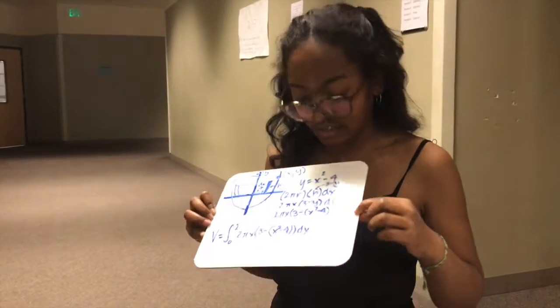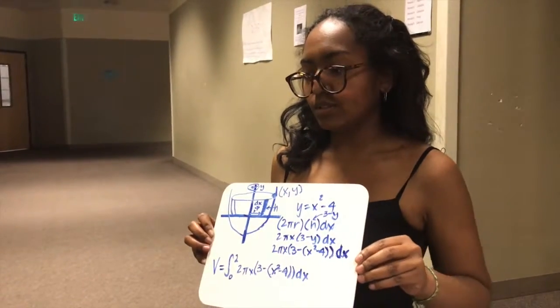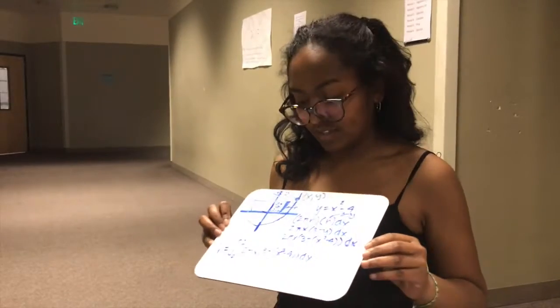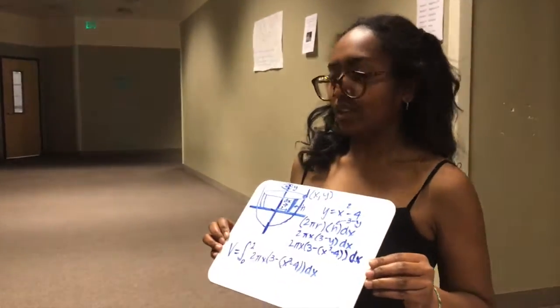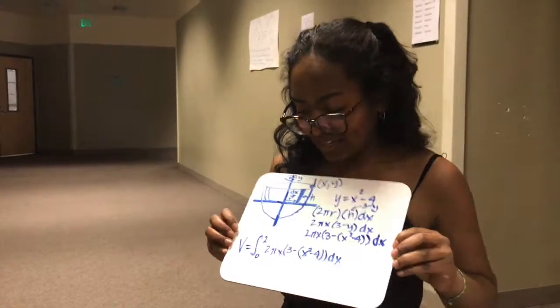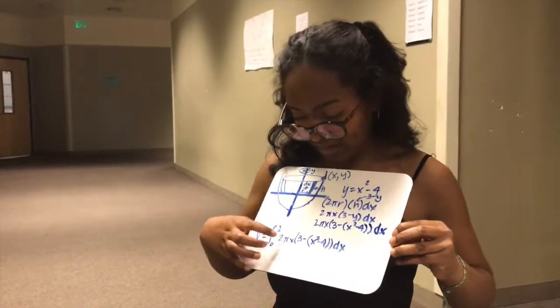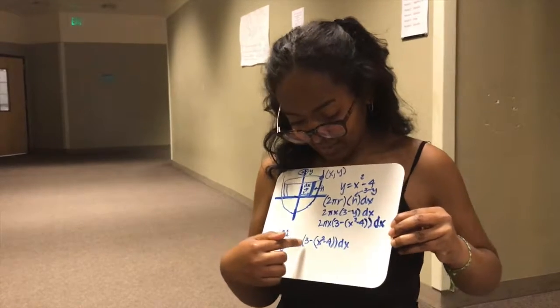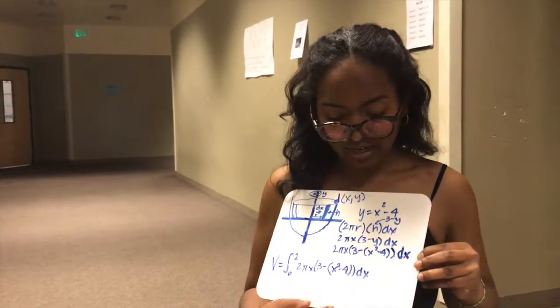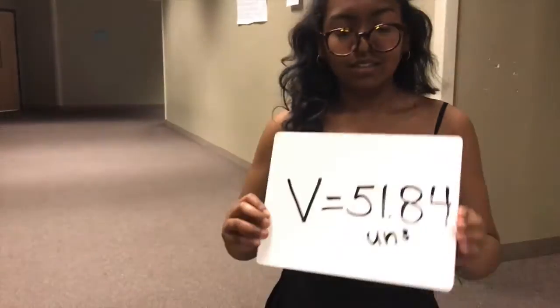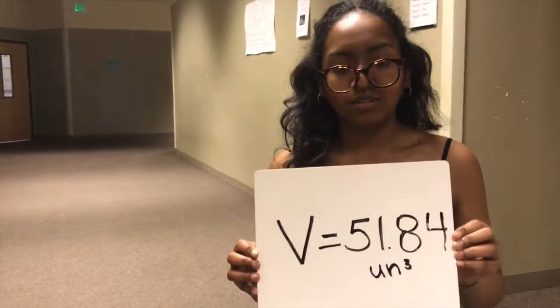So the whole equation is in terms of x. Then I use my genius to discover that the limits of integration are 0 to 2. So basically the volume of the solid equation is V equals the integral of 2 pi x times 3 minus x squared minus 4 dx. My final answer, 51.84 units cubed.